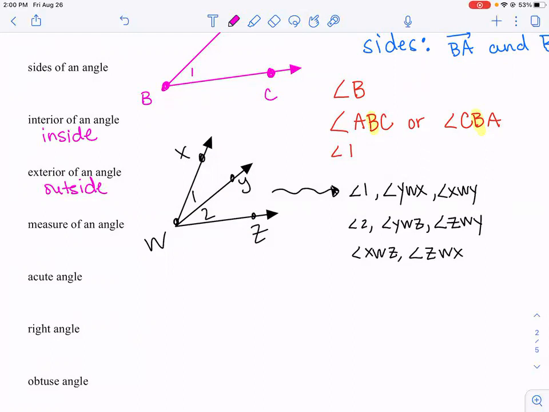Now, if I am talking about angle XWZ, point Y is in the interior of that angle because it's inside.